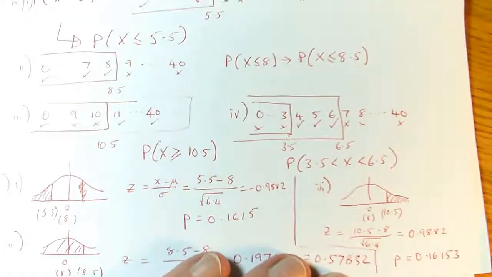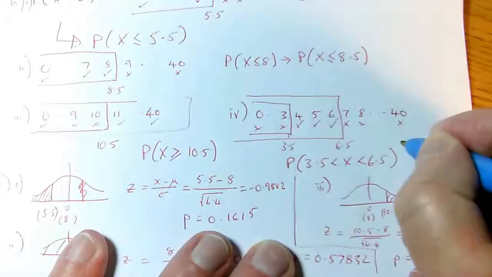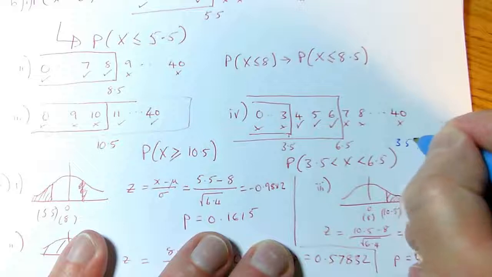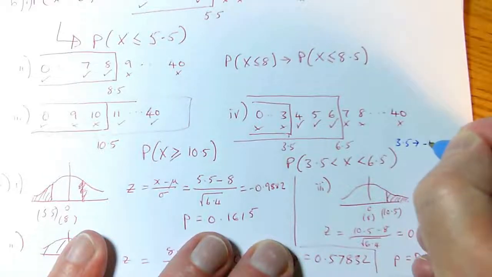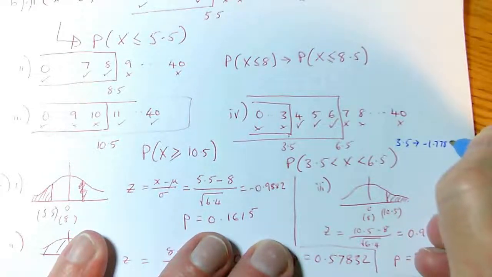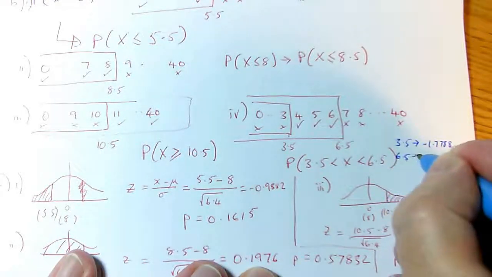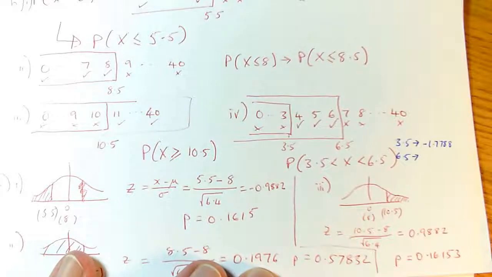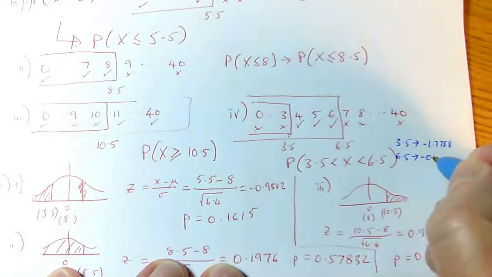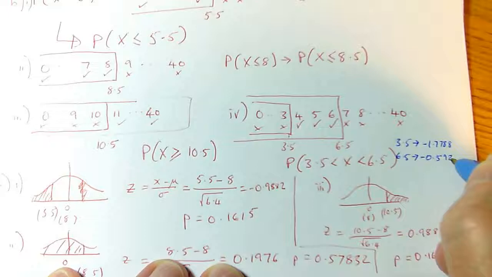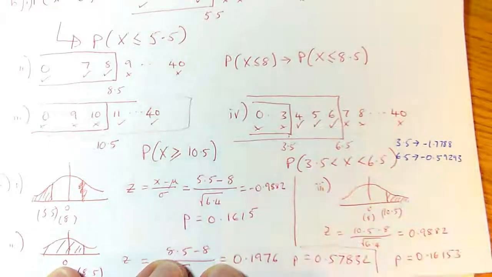Okay, but just so you can check your values, the Z value for the 3.5, you're going to get a Z value of minus 1.7788. And for your 6.5, you're going to get a Z value of minus 0.59293.